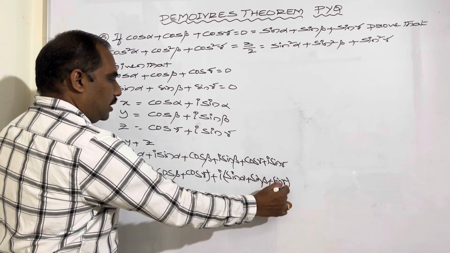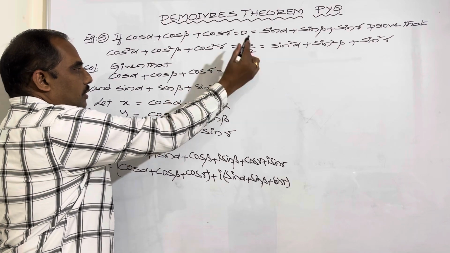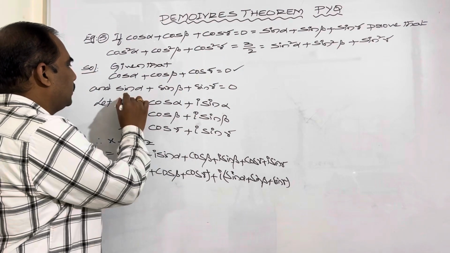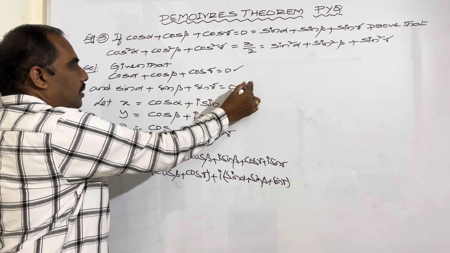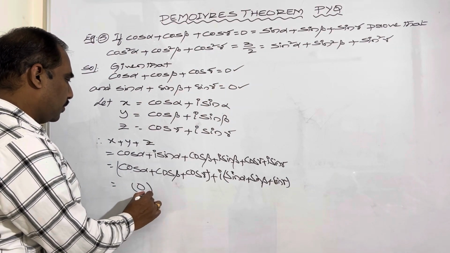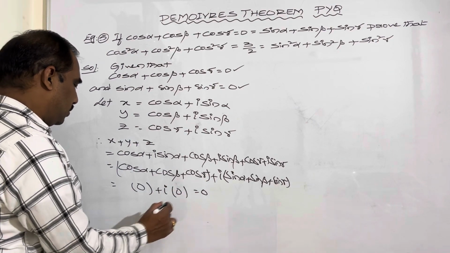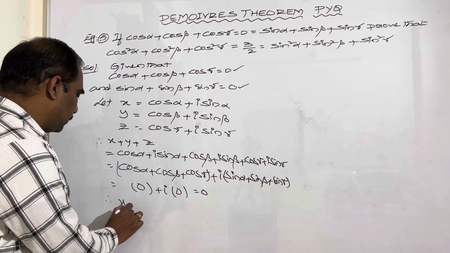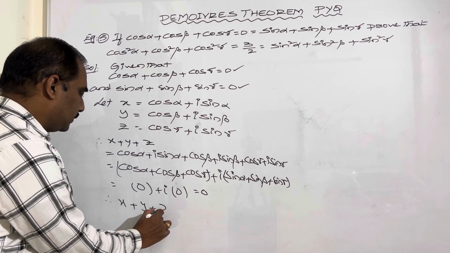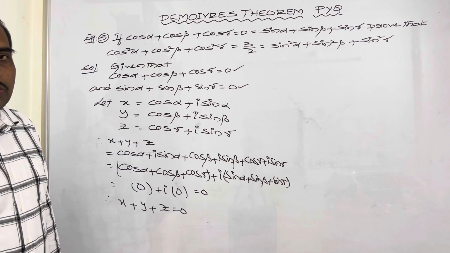See what happened here, we already know that cos alpha plus cos beta plus cos gamma is equal to 0, and sin alpha plus sin beta plus sin gamma is equal to 0. So this becomes 0 plus I into 0, so finally we are getting 0. Therefore x plus y plus z is equal to 0.